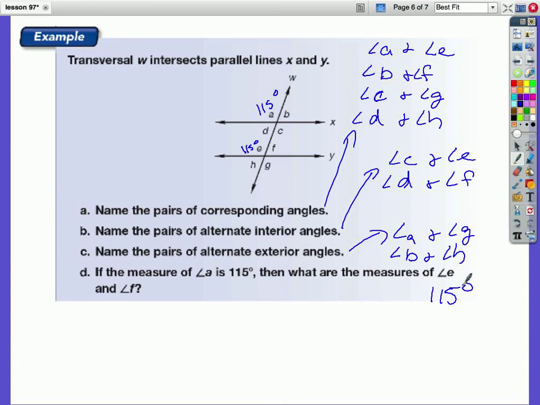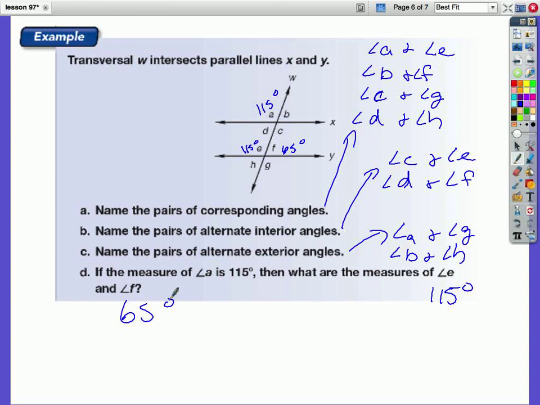We also said that if they form a straight line, they're going to be supplementary. E and F form a straight line. So if I take 180 minus 115, I get F. So F should be 65 degrees.